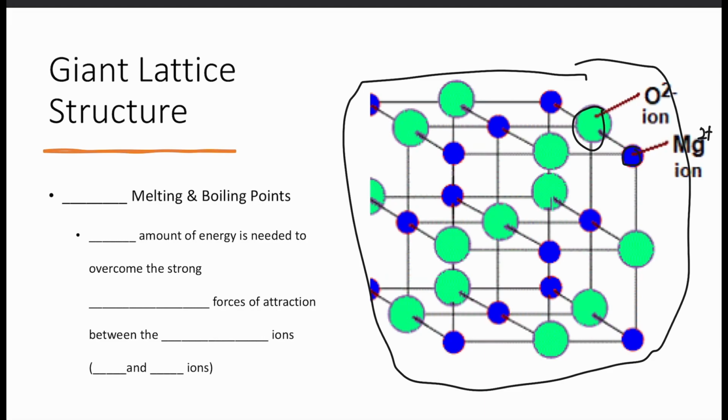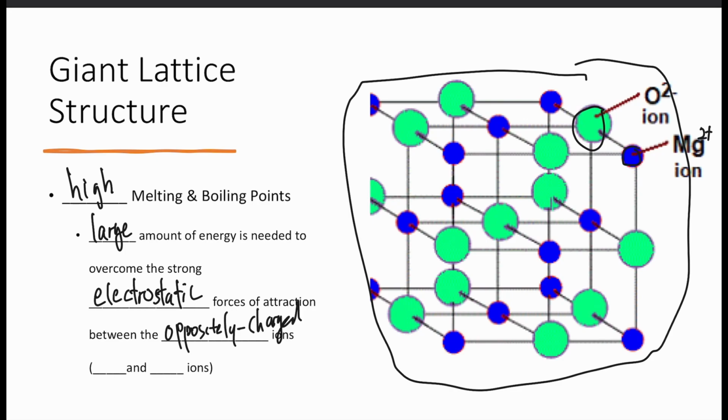Because of this giant lattice structure, magnesium oxide has a high melting and boiling point. This means that a large amount of energy is needed to overcome the strong electrostatic forces of attraction between the oppositely charged ions.